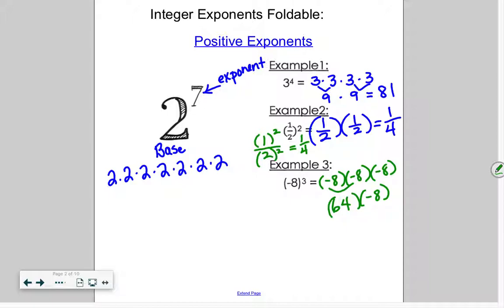What's that going to be? 64 times 8. What's 8 times 4? So put my 2, carry a 3. 6 times 8 is? 48. Plus 3? 51. So is our answer going to be a positive 512 or a negative 512? Negative, because it was a positive times a negative, so a negative 512 for a solution.